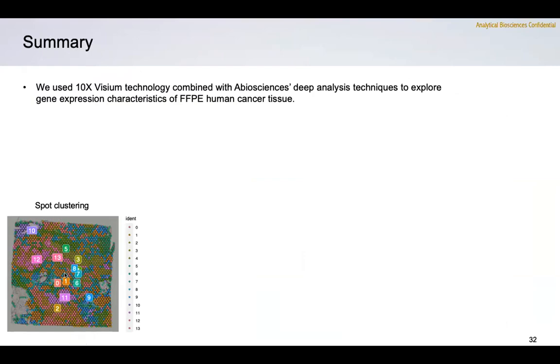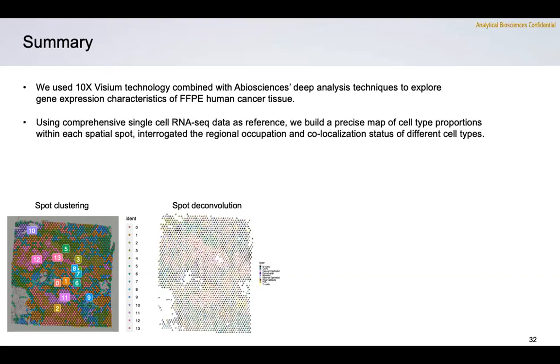In summary, we used 10x Visium technology combined with our deconvolution analysis technique to explore gene expression characteristics of FFPE human cancer tissue. By using comprehensive single cell data as a reference, we could build a precise map of cell type annotation within each spot and interrogate the regional occupation and co-localization status of different cell types.